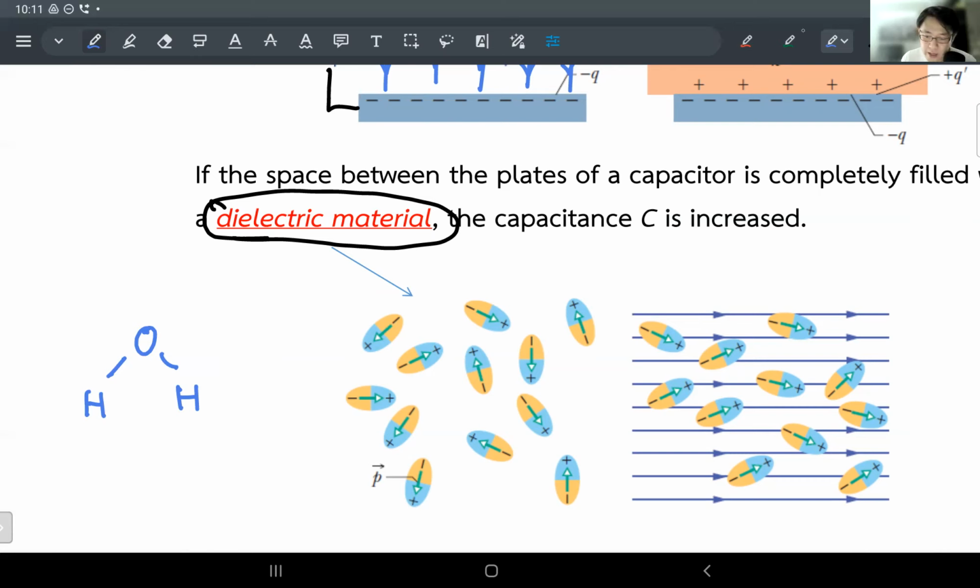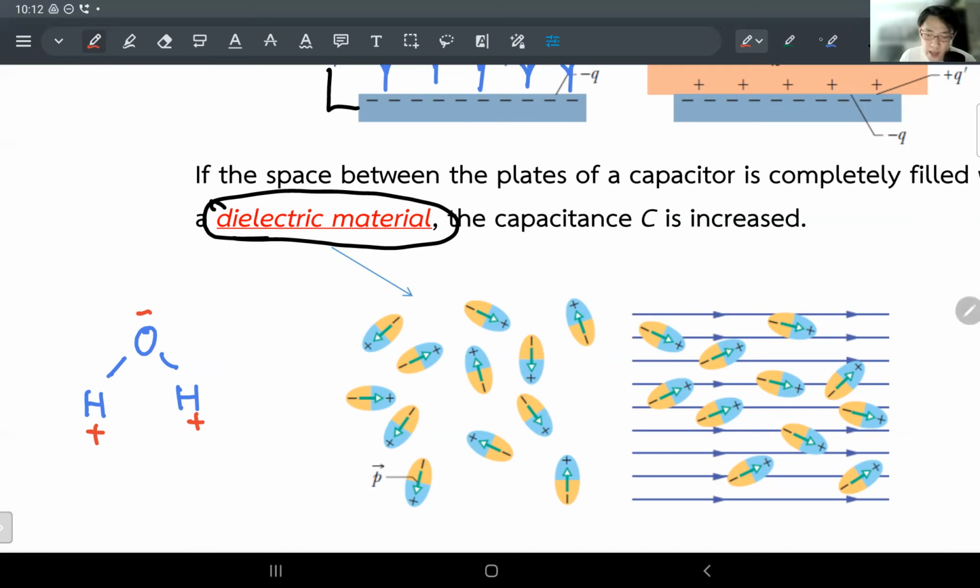So the oxygen side is going to be a little more negative in comparison to the hydrogen side of the molecule. Even though overall the charges add up to zero, the distribution of the charge, the negative one, tends to go toward the oxygen side.